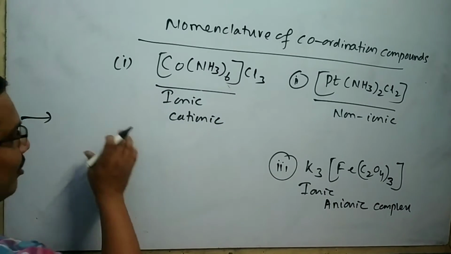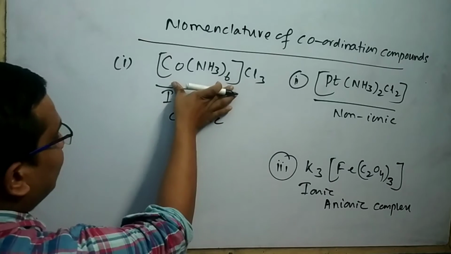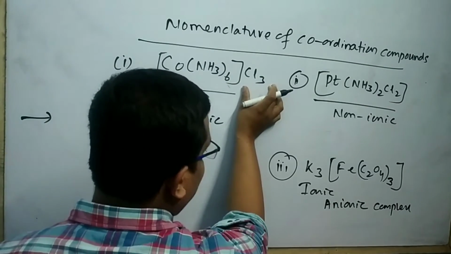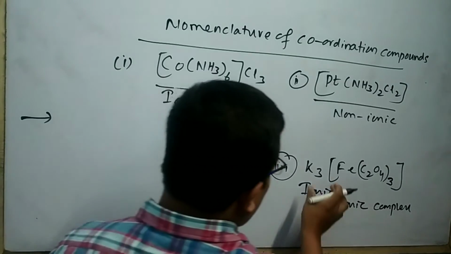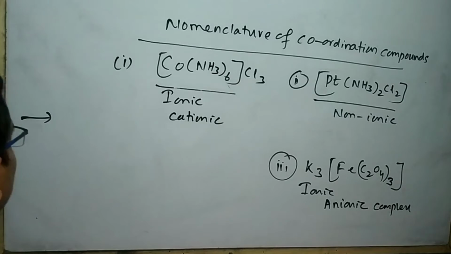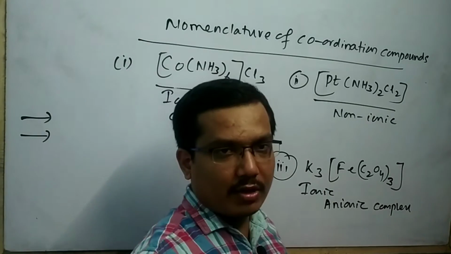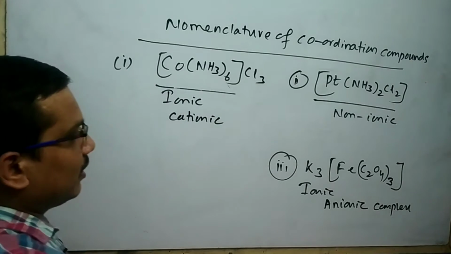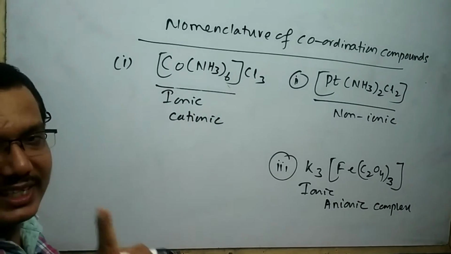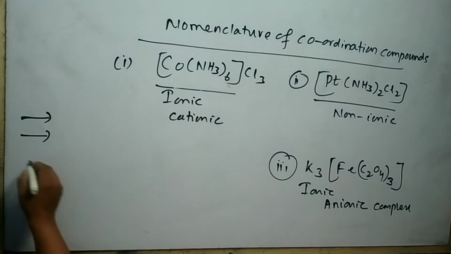That means according to this rule, this part is named first, then this part. Similarly, this part is named first, then this part. Second rule is, for naming a non-ionic complex, the name of the non-ionic complex must be written in one word.